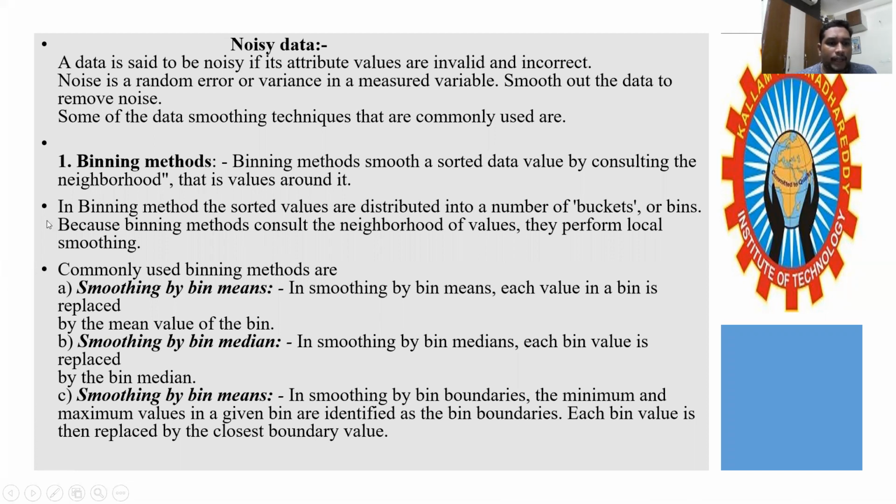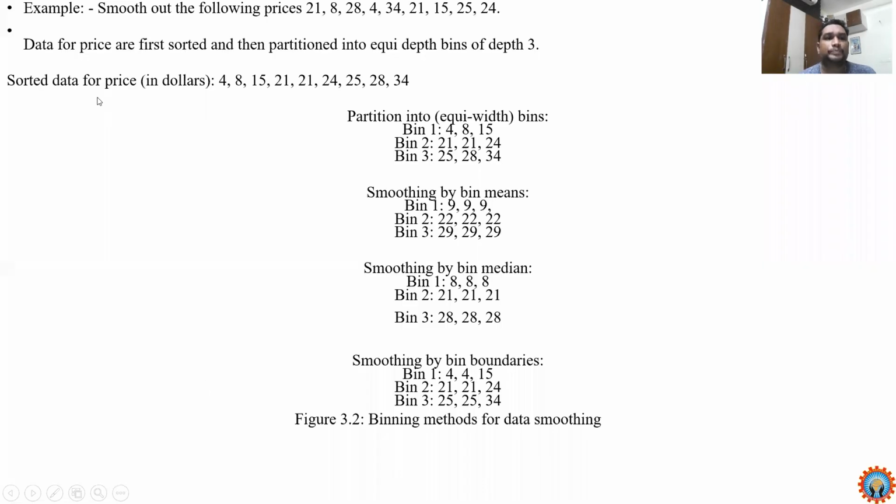The commonly used binning methods are smoothing by bin means, smoothing by bin median, and smoothing by bin boundaries. We will discuss what these mean now.